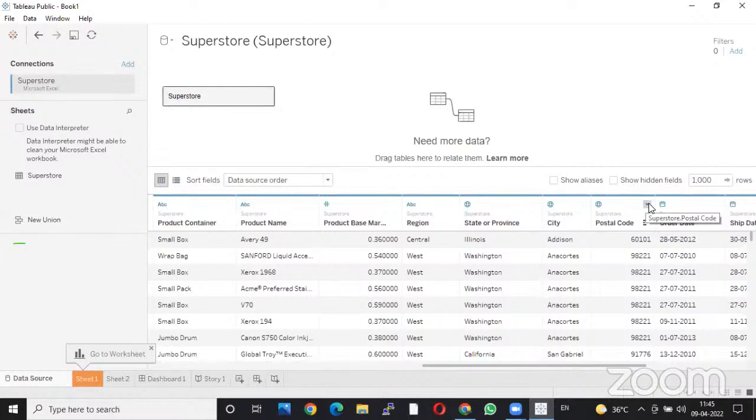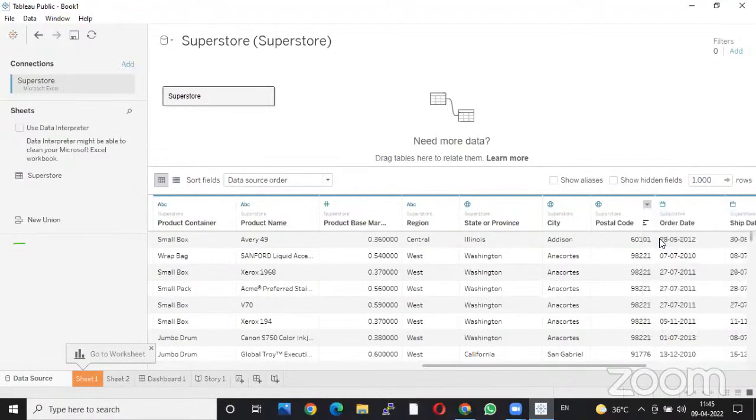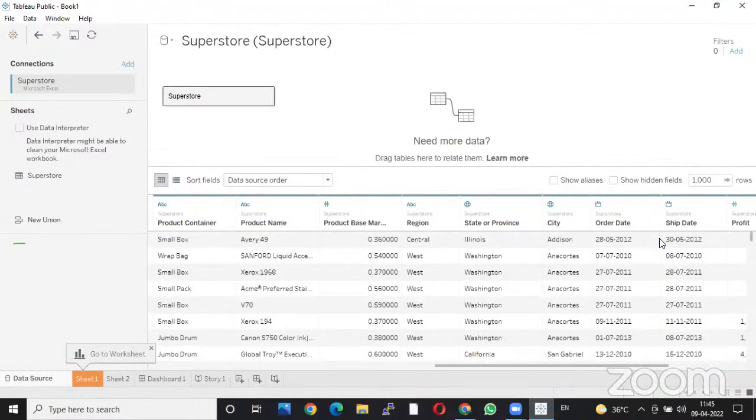You don't have to make any changes in your original Excel. You can directly click on this drop down button and hide this column. As soon as you hide this column, it will not be visible for making any analysis. So this postal code has been hidden.